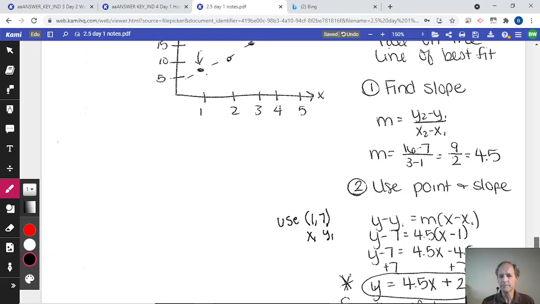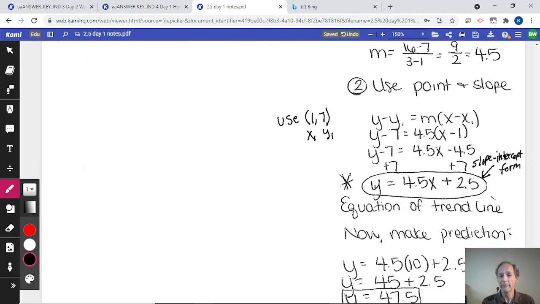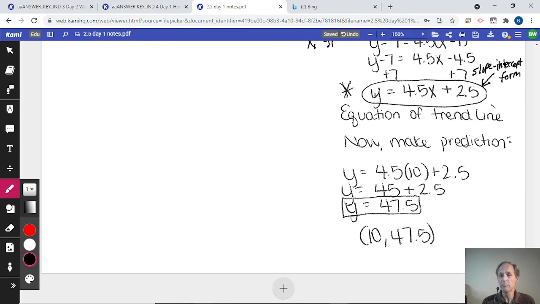So now that we have an equation, we just plug that in for x. We plug in the 10. There it is. Plug it in for x in our equation. And then calculate it, and we say, well, if x is 10, y is going to be 47.5, and this will be our point.